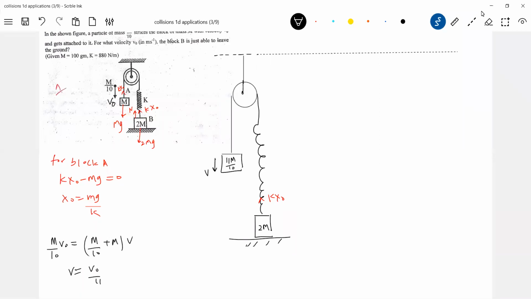When will this block lose contact? When the elongation of the spring is sufficient to overcome the weight.